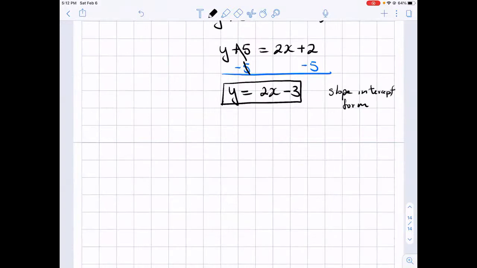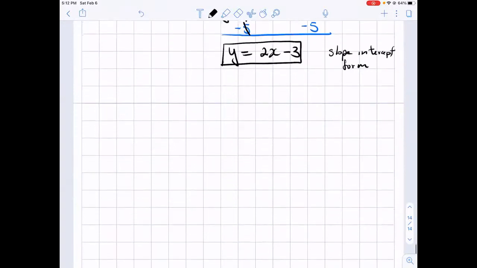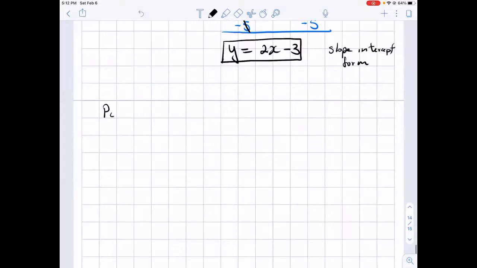So as you can see, we're using a bunch of formulas or different forms, right? Point slope. So we use point slope form, which is y minus y1 equals m times x minus x1.